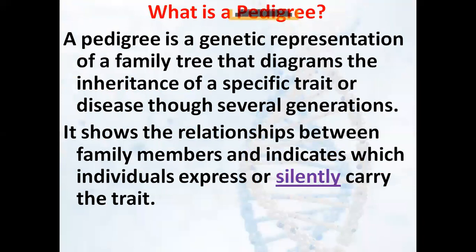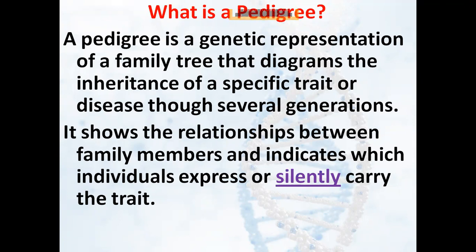Now let's move to a pedigree. What is a pedigree? What do we mean by the pedigree? A pedigree is a representation of the family tree that diagrams and shows the inheritance of a specific trait or disease.